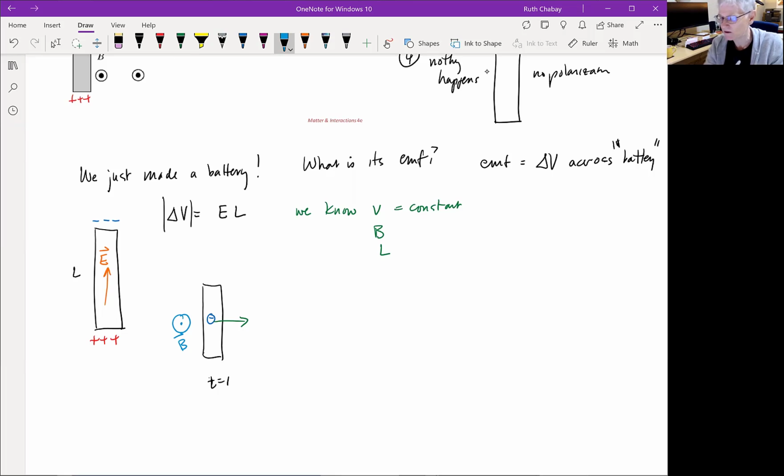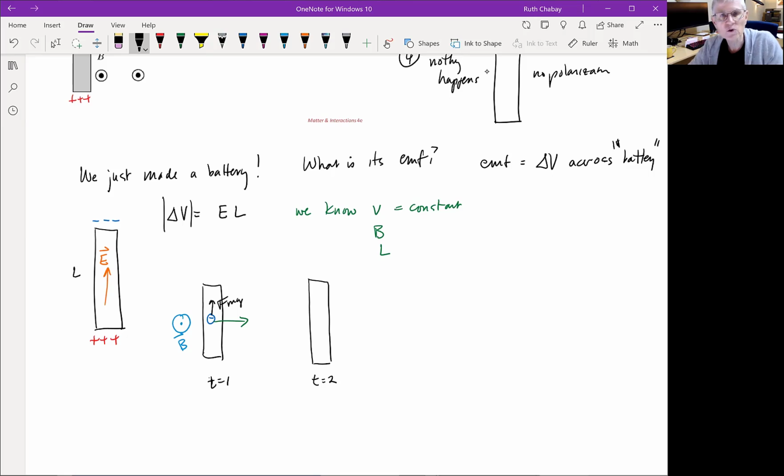And so we get this magnetic force on the electron. Because there's no force opposing that, that's the only force acting on this electron. The electrons all sort of shift up toward the top of the bar.